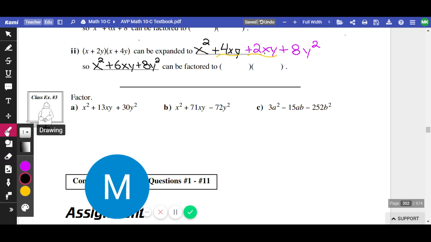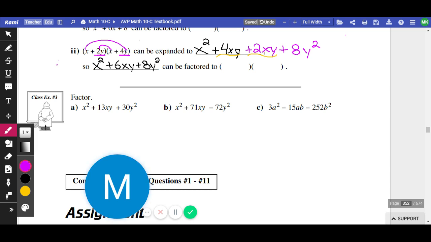It came from right here. When you multiplied y by y, it created your y squared at the end. And your 2 middle terms came from when you went y times x and x times y. And that's how you ended up getting those middle terms of the 6xy.